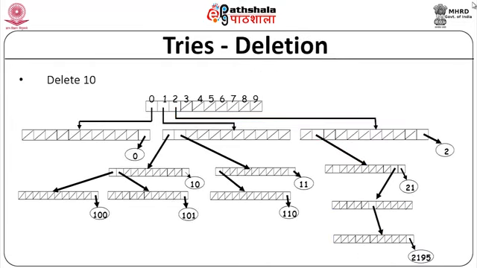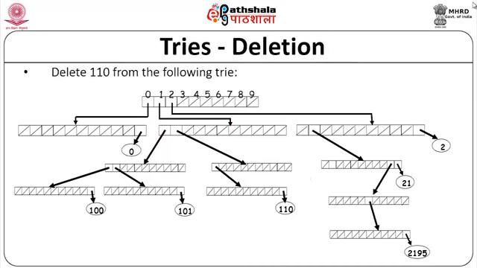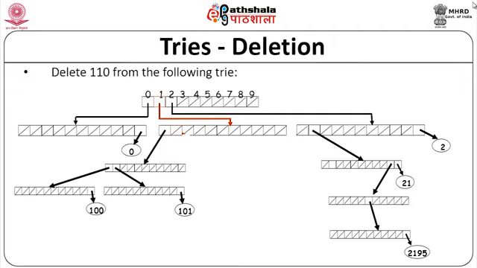Now, let us look at deletion. If you want to delete 10 for example, you just have to delete the node 10 and finish it off, that is all. Now, suppose I want to delete 110, then what you do is you delete this node, then because there is only one pointer there, delete this node. Now, that is it.